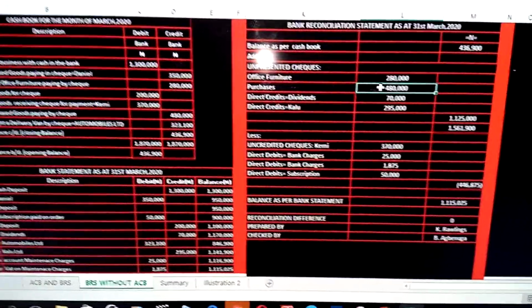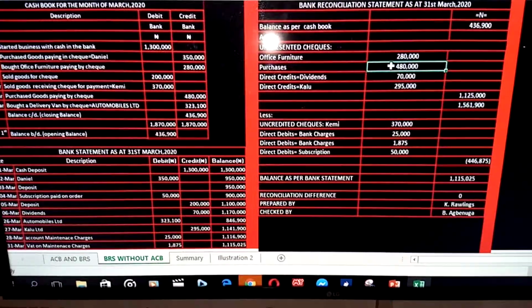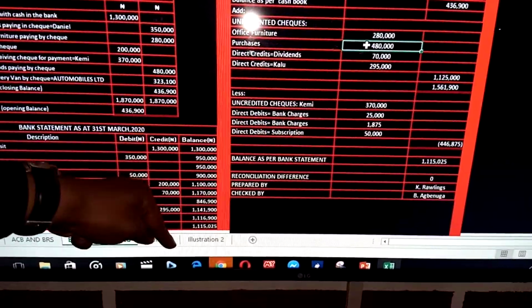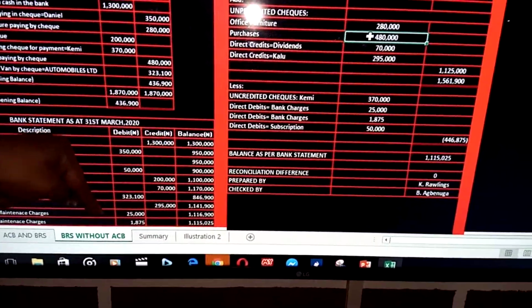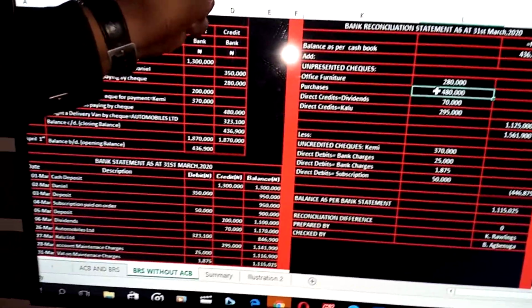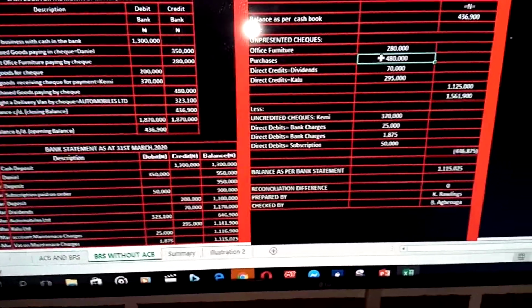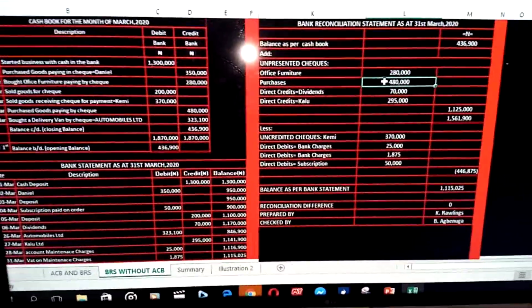All the items there, add it to the balance as per the cash book. Then you go ahead, check items in the debit of the cash book against credit of the bank statement, and then check debit of the bank statement against credit of the cash book. Items identified there, you less. That's how to prepare bank reconciliation without adjusting the cash book.